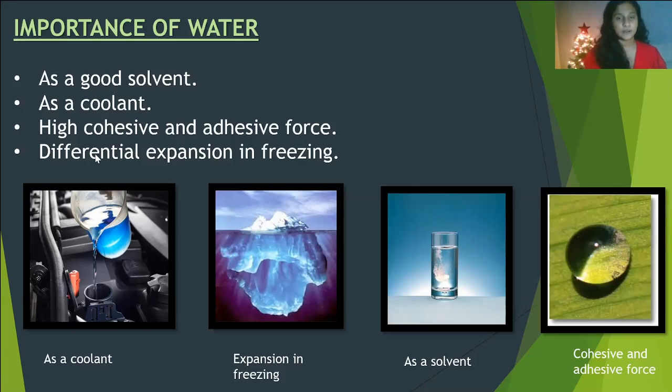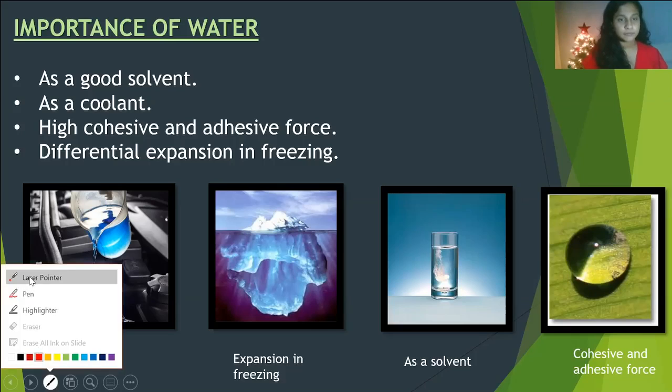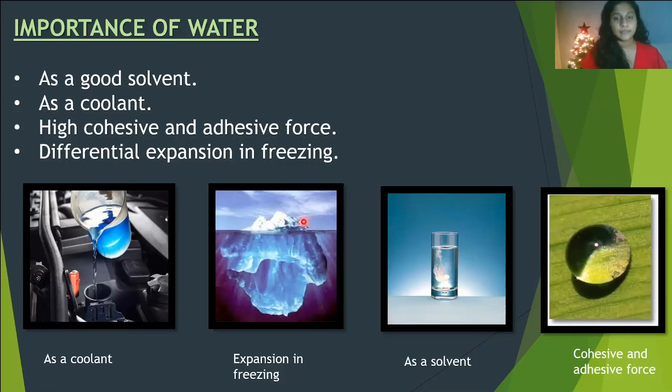So in this one, you can see in the second diagram, expansion in freezing. Here's an ice cube, right? Normally in winter seasons in other countries, when you take these water bodies, just think a huge river, right?